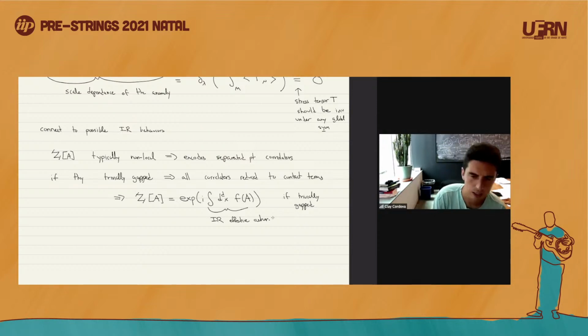This is also sometimes called an invertible theory or a symmetry-protected topological theory. Those are all the same thing. So note now, from this, we conclude that a trivially gapped theory has no anomaly.